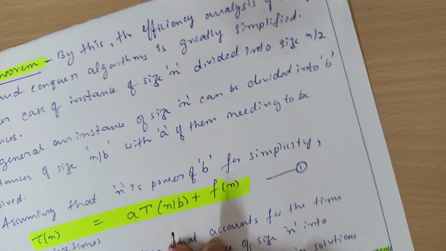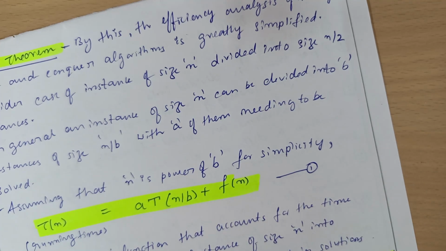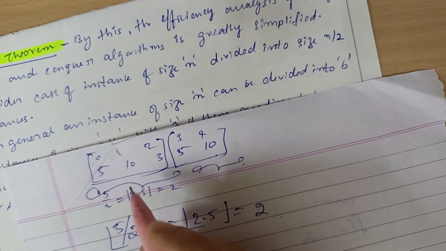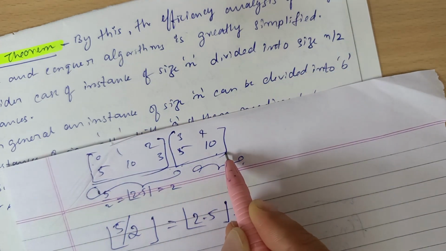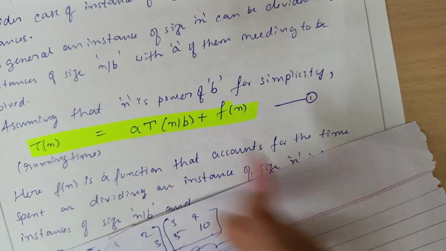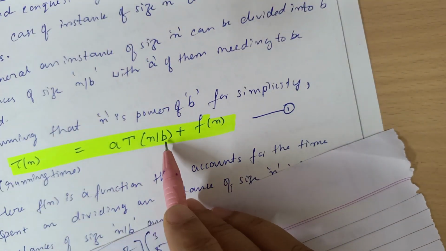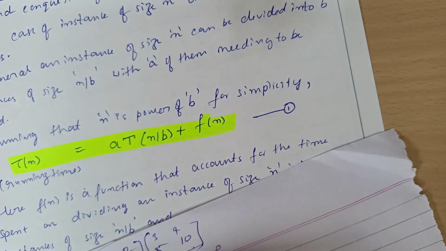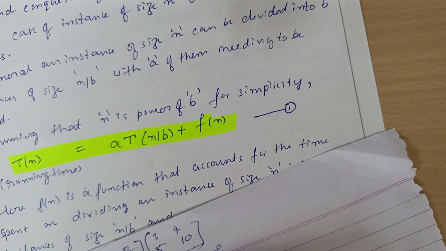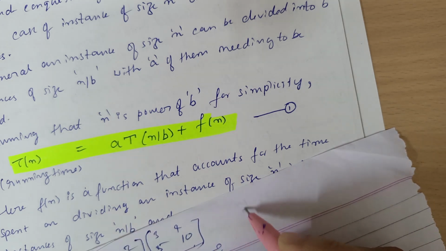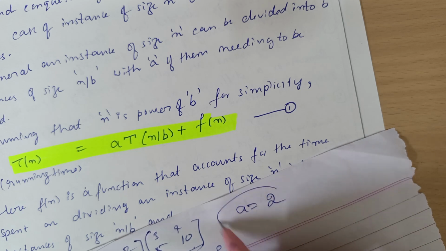So for example, in this case, once we split into two parts, we should find out the values for a and b. In some cases, we need to find the solution for only a couple of instances. In this case, we need to find the solutions for both parts, so a will be 2.